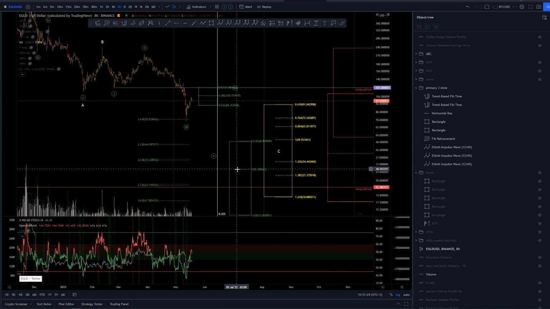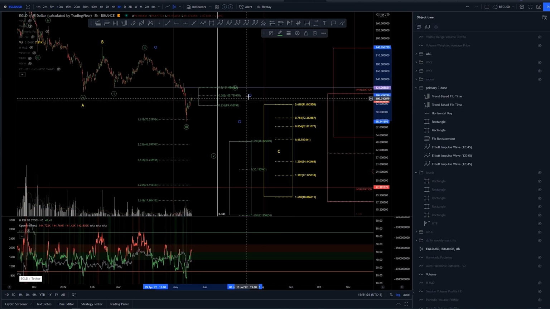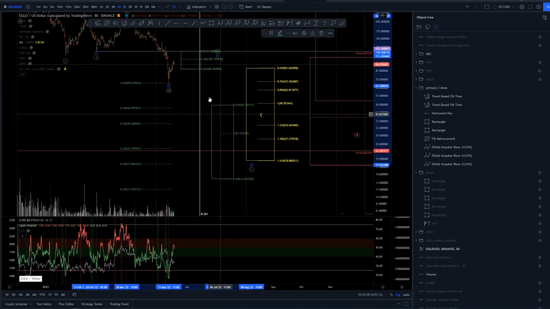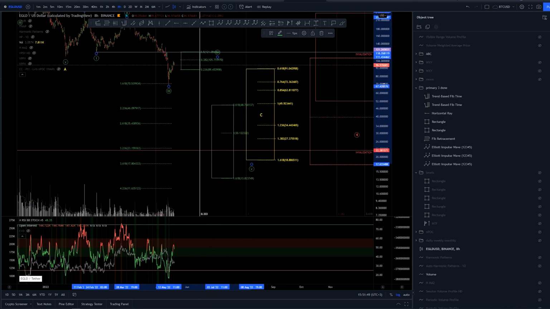Now for wave 5 targets, depending again how high we get for the wave 4, we can measure things from that point. I'm expecting currently at least to the 38.2 retracement, which is around $105, and from there we can measure the wave 5 targets. Again, if we are getting to the 38.2 retracement, we can see these targets down here.